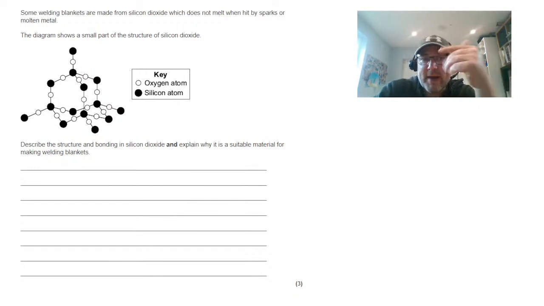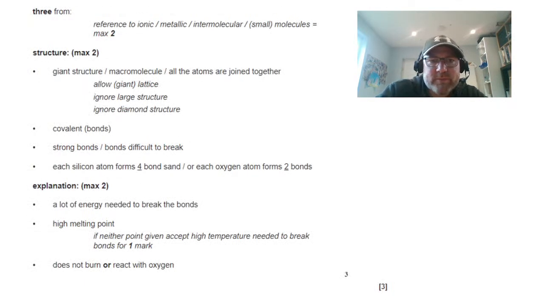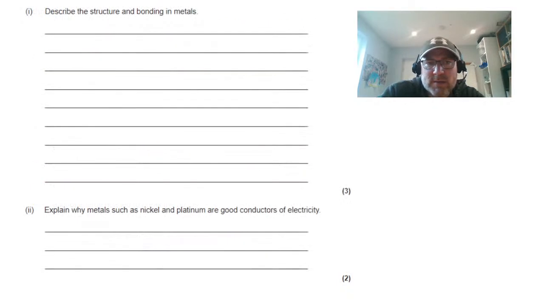So they're both non-metals, and so it's a giant covalent, not a simple covalent structure, a giant one. And the clue is high melting point. The moment I see that, it's giant. So marks are for saying it is a giant structure made from covalent bonds, strong bonds, lots of energy needed to break the bonds, and they're all the marks.